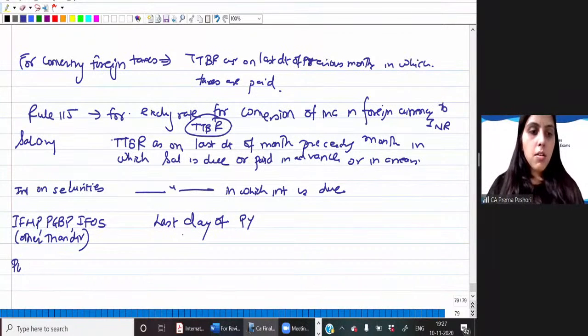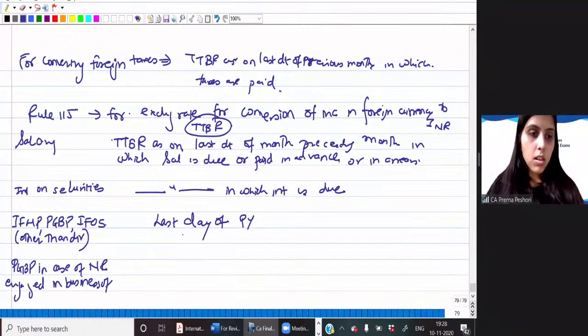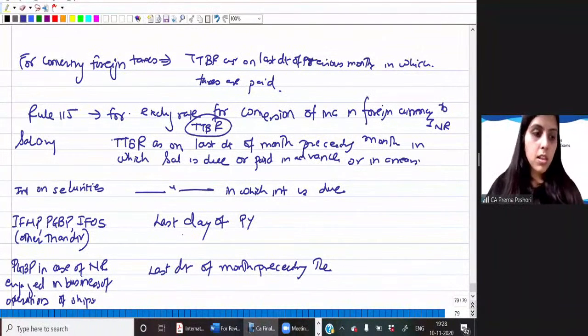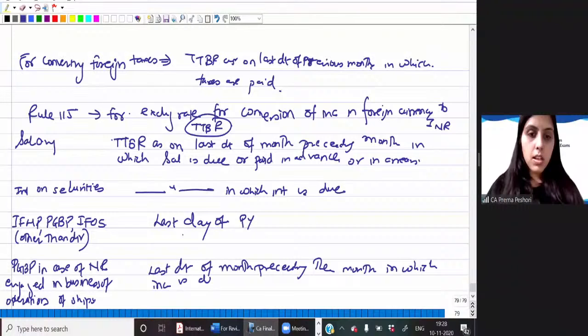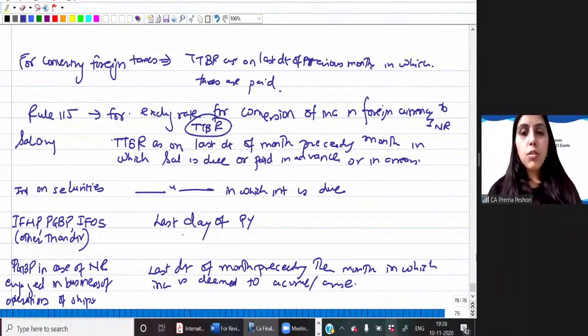For PGBP, in case of a non-resident engaged in the business of operation of ships, again the last date of the month preceding the month in which income is deemed to accrue or arise in India.